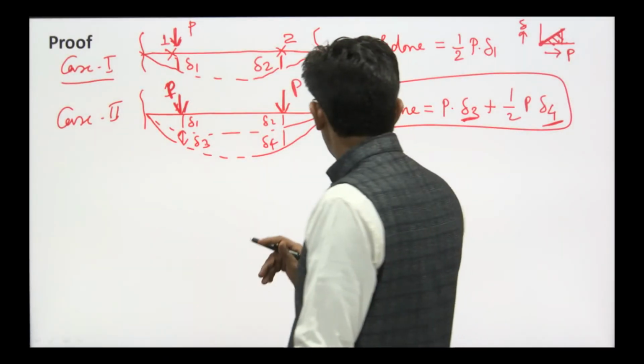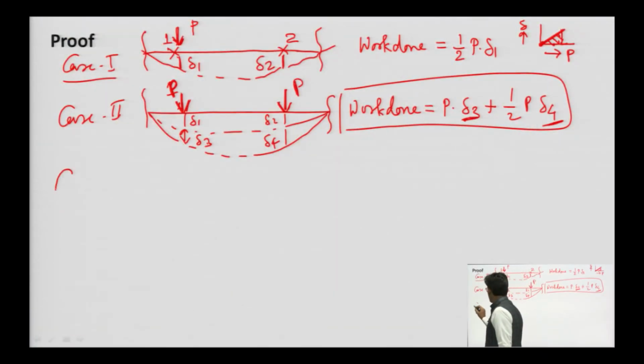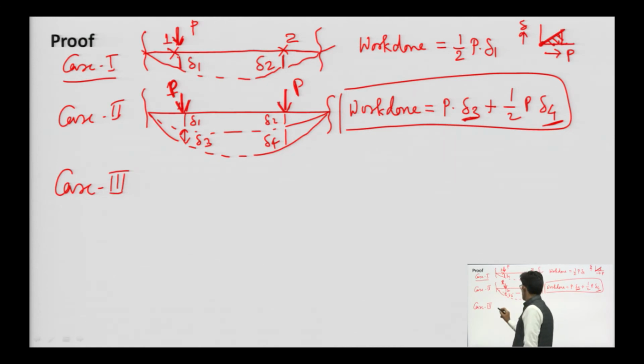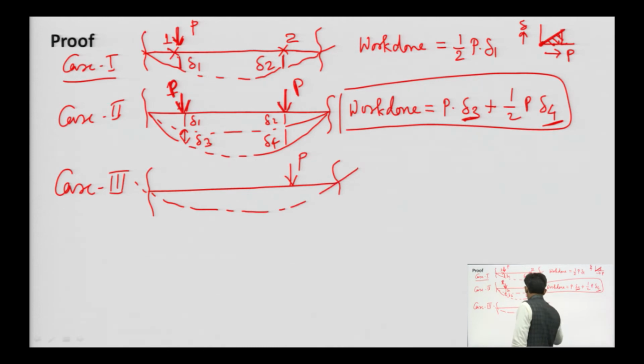Let us take another case, case 3. In case 3, we are applying force P here. Then it is a deflected shape. So, what will be this ordinate? This ordinate will be del 4, because this displacement is due to this force.